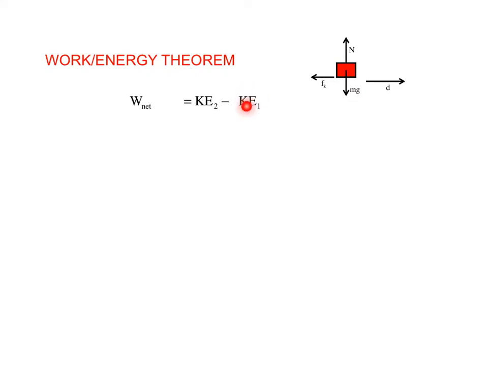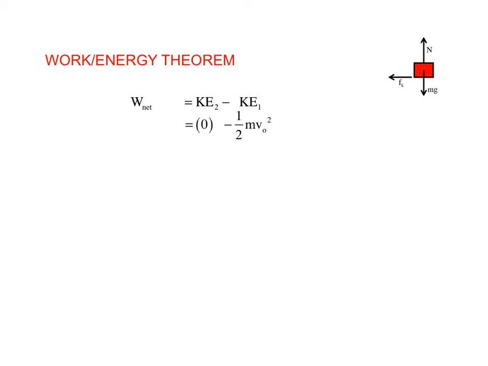At the beginning of the interval, the body was moving with velocity v naught, so it had kinetic energy 1/2 m v naught squared. At the end of the interval, it's going to have no kinetic energy. It's going to be at rest. So the right-hand side is usually the easiest to write down when you're doing the work energy theorem. And here we have the right-hand side written down.